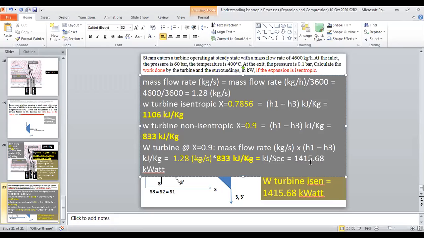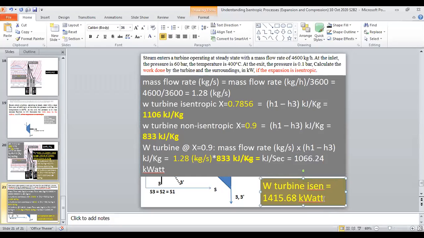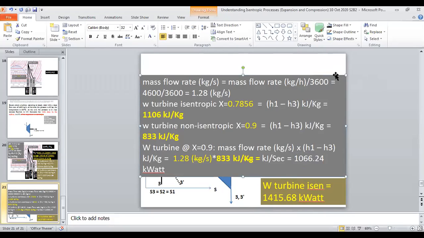See, 1145 changed to 1066.24. See, this is W isentropic. Now, this is the W value. So let me change that. I will take the question out here and move this up.